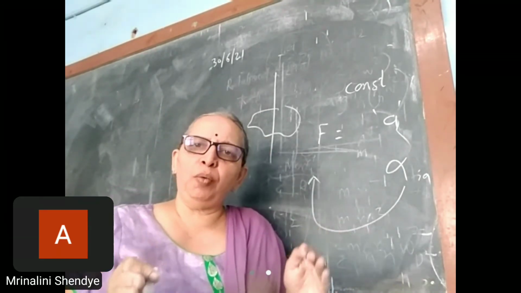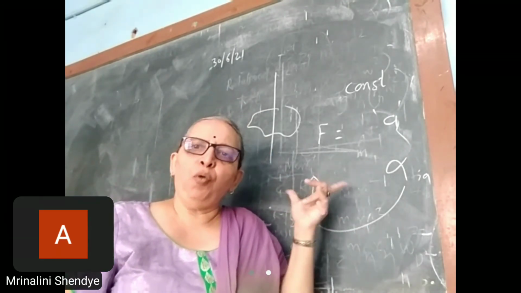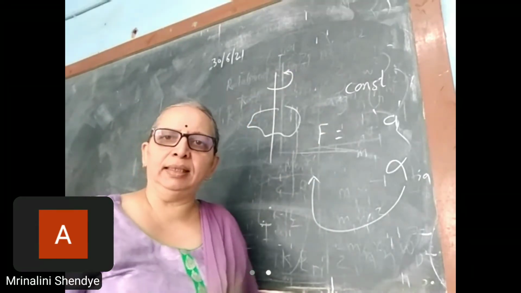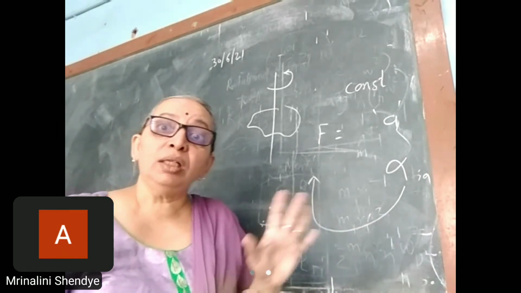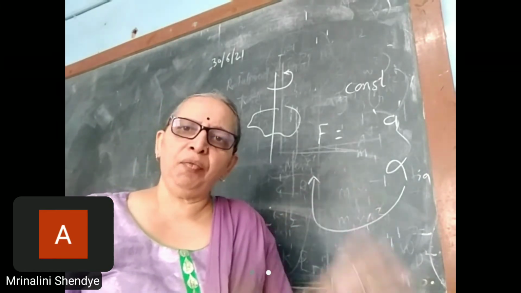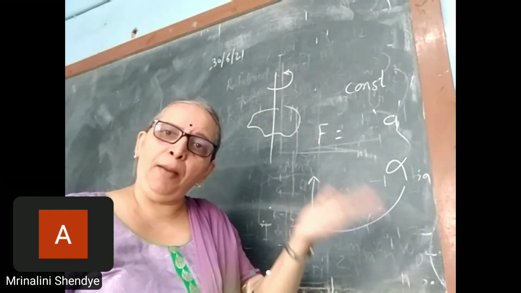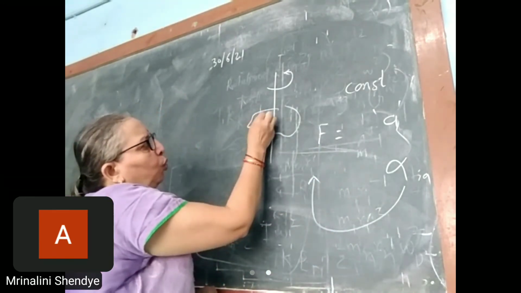You have to provide a force. The force required to rotate the body about the given axis is not singular. We require a pair of forces, equal and opposite, acting at two different points.